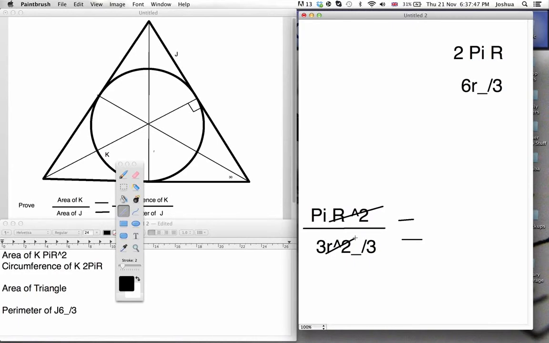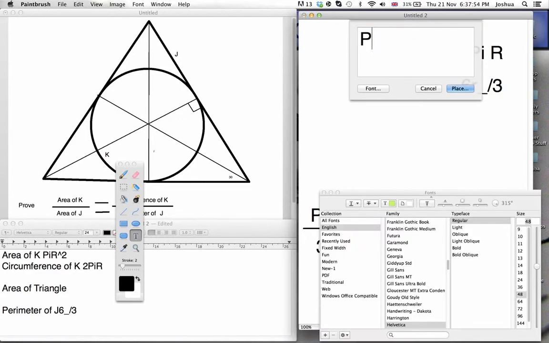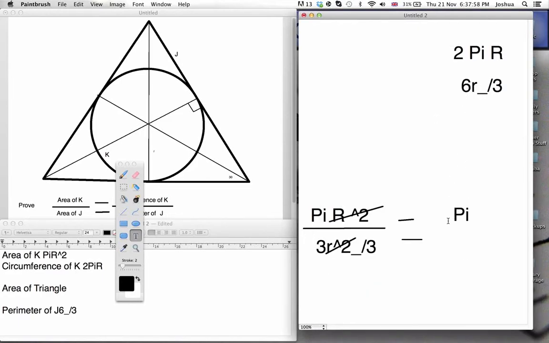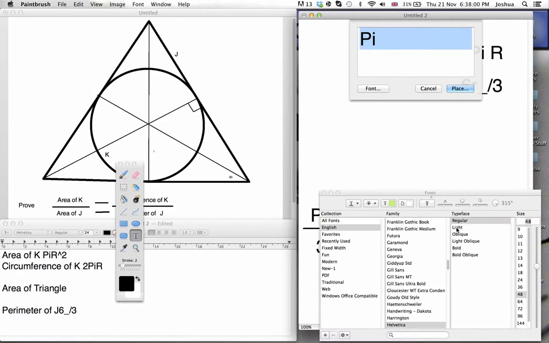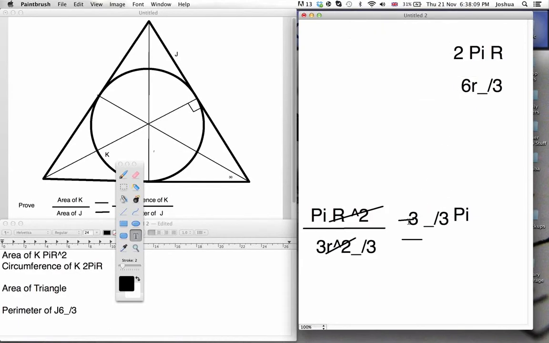So this cancels out into pi over 3 square root 3. That is what it cancels out into.